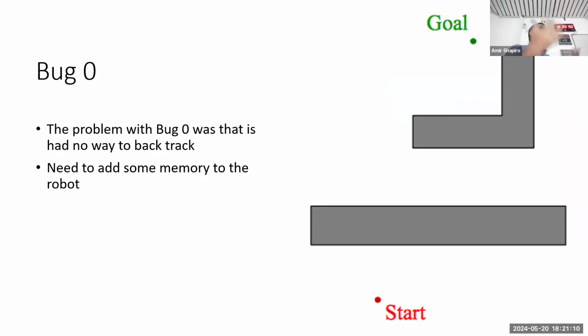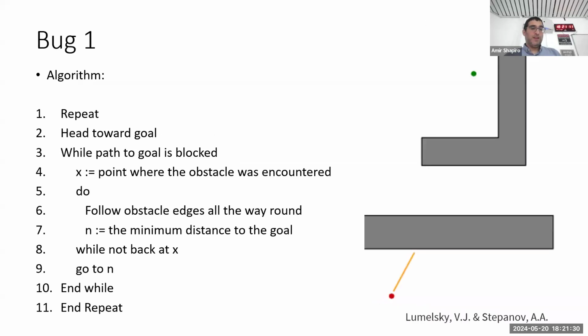So if we add some memory, we can do something better. What can we do? Go the other direction. So here's Bug one. Bug one will work.